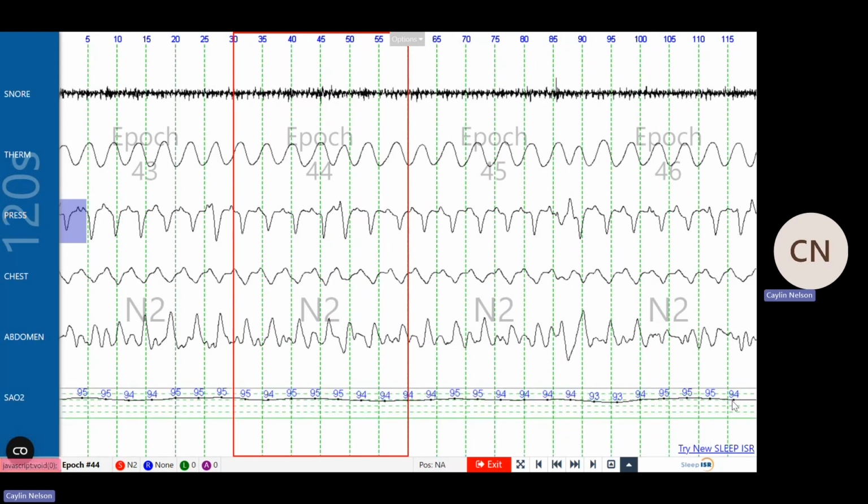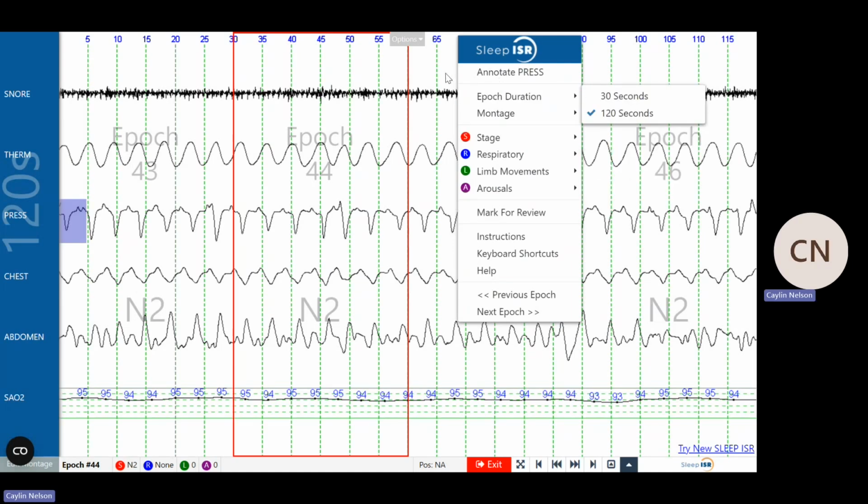Okay, so we're going to go ahead and continue on. We're at about 43 through 46 right now. I guess we could start down at the bottom here with the oxygen levels once again. We see that it's around the baseline still, around 94 and 95% SaO2, which is good.